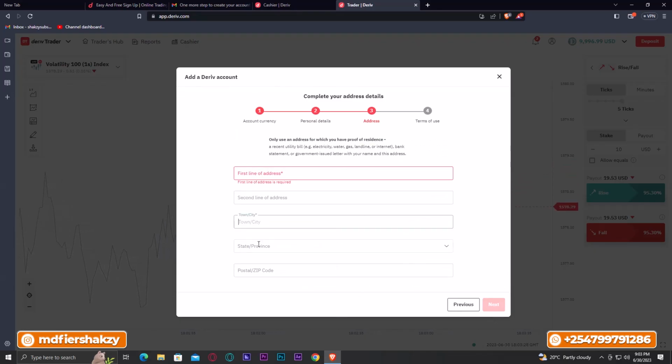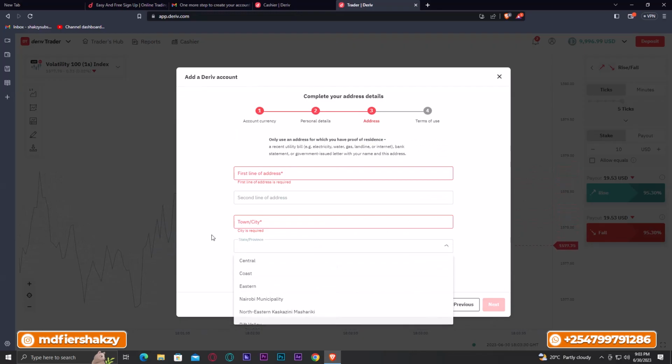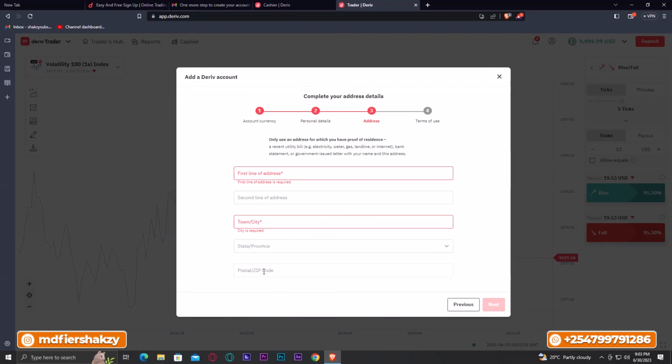So if you are a student, you can use your school's PO box zip code. That is the easiest. If you are working, or you are an adult, I know you have an address, or something that you use as your address, maybe your work address. If you are a student, you can use your school address here.